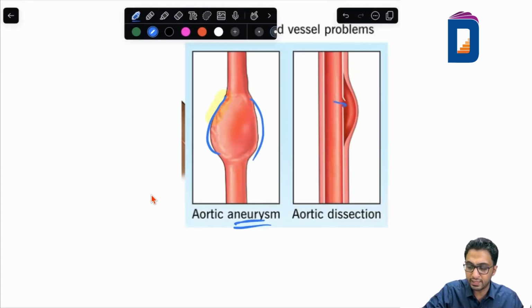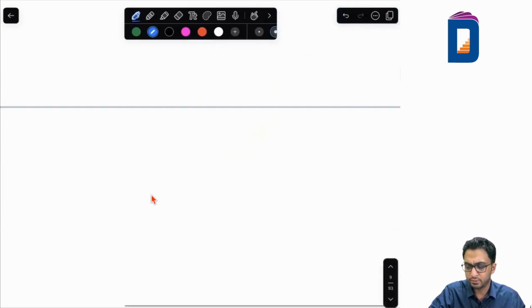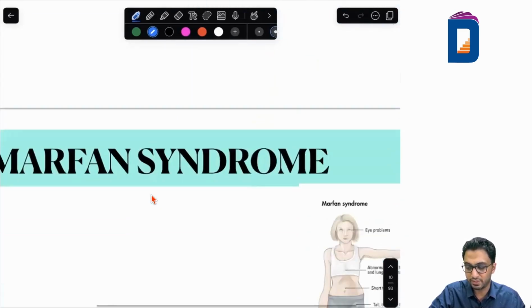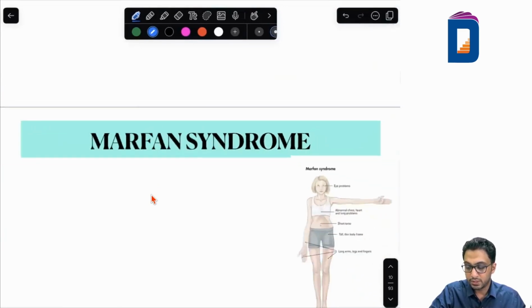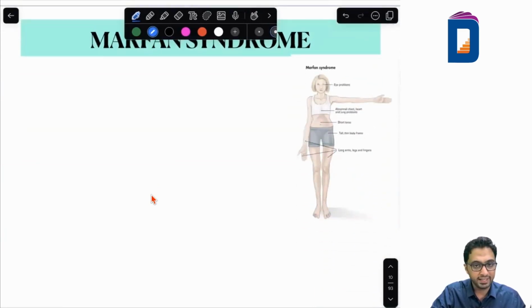Once there is a break in the layers, intima, media, externa, it's called aortic dissection, and this leads to death of the patient. Dissection means broken. By dilatation it becomes weak, with degeneration and all; we'll come to that. That was the fibrillin 1 gene being affected, as I said.